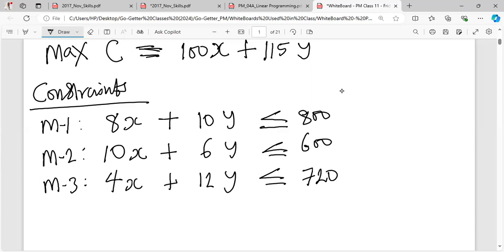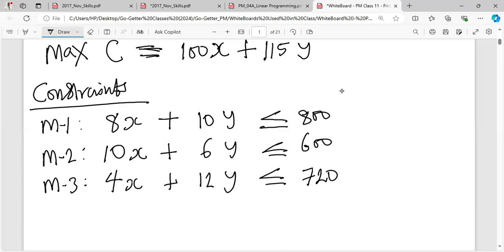Conversely, if your objective function is to minimize cost, your constraint will be greater than or equal to. All right, we've seen the constraint here.